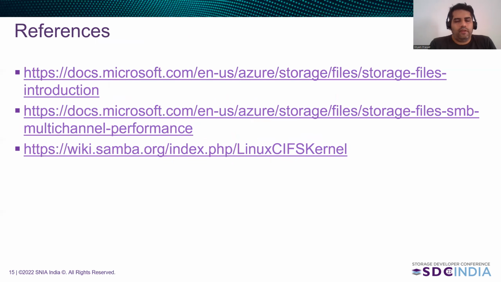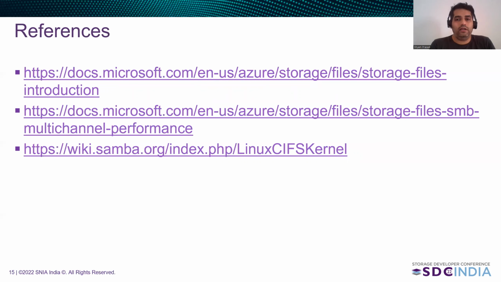As a reference, you can refer to the different links provided here. The first two are from the Microsoft documentation on Azure Files and Azure Files SMB Multichannel. The third one is a link to the Linux CIFS project, the Linux SMB kernel client, where you can find various information like the mailing list.